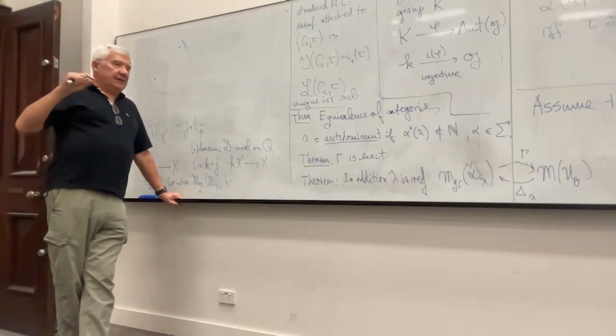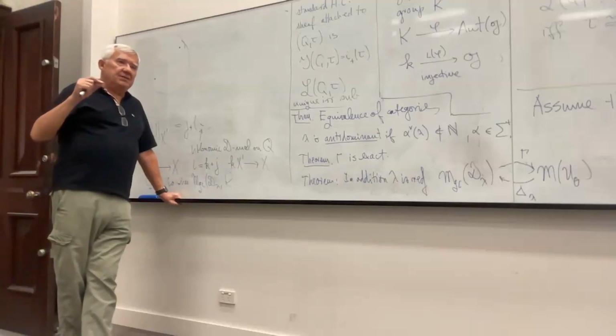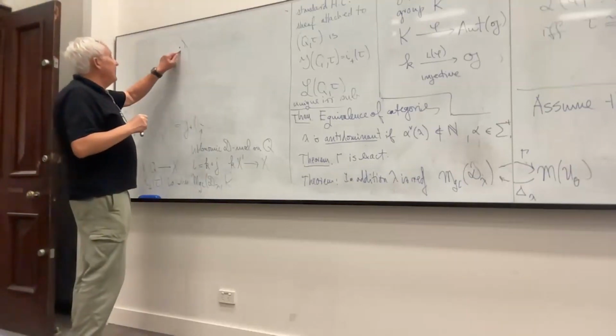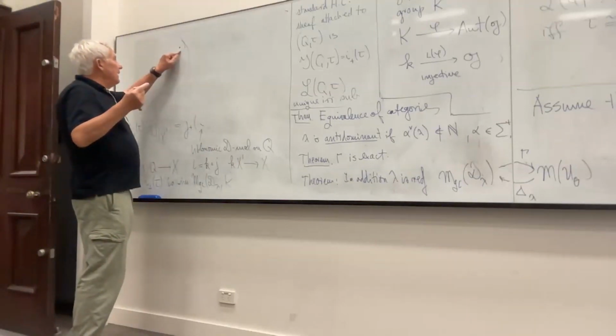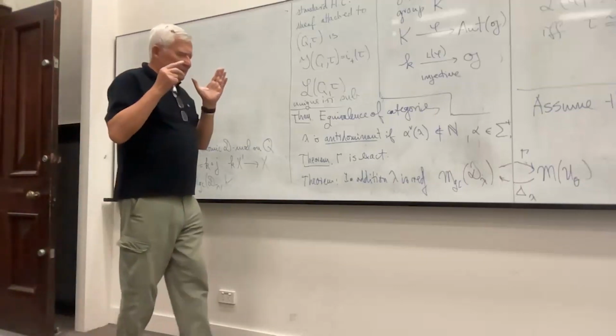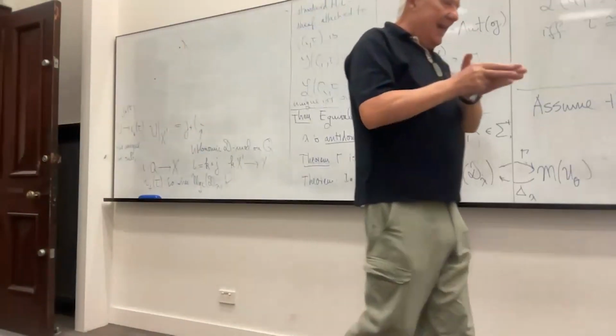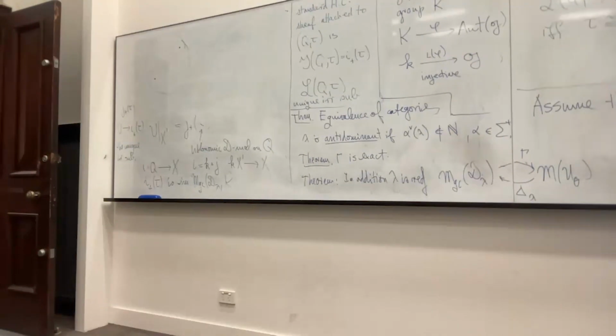For those, the condition means, in this case, the Cartan involution acts on the Cartan with +1. So basically, lambda has to be a character of the torus, and this gives the integrality condition.